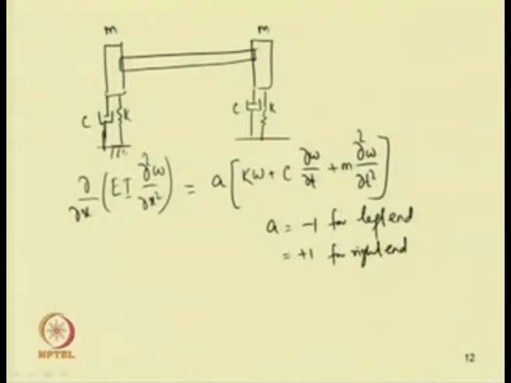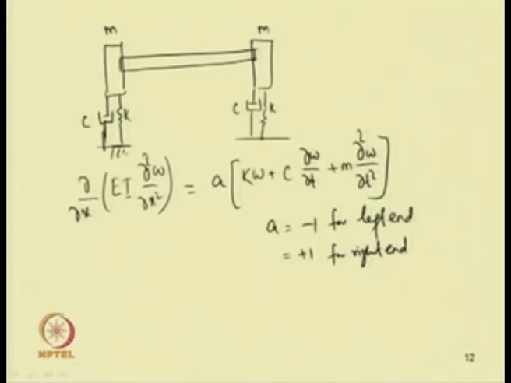So, if one takes the free body diagram of this side, one can show that the shear force will be equal to the inertia force, which is M ∂²W/∂t², plus the damping force, that is C into ∂W/∂t, and plus the spring force, that is K W. If one takes the right side, the shear force will be positive.